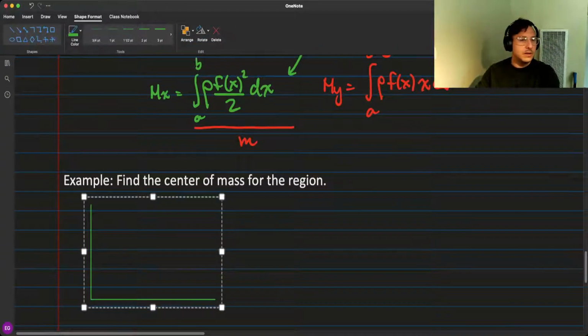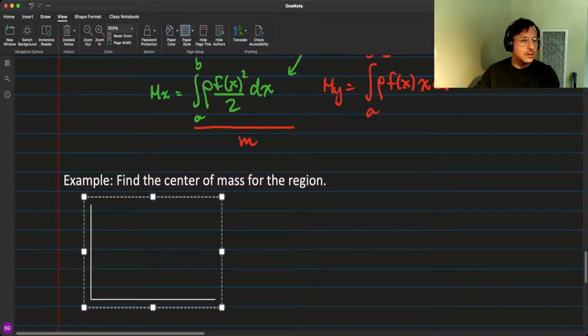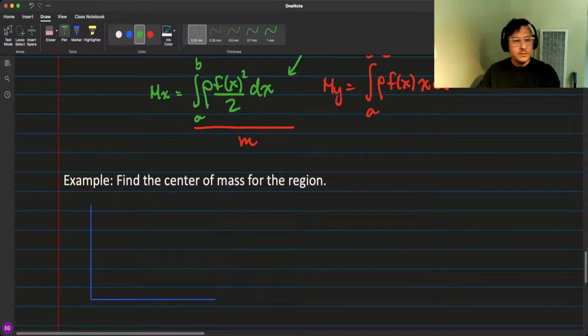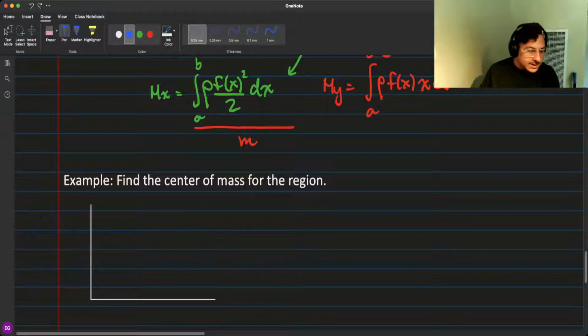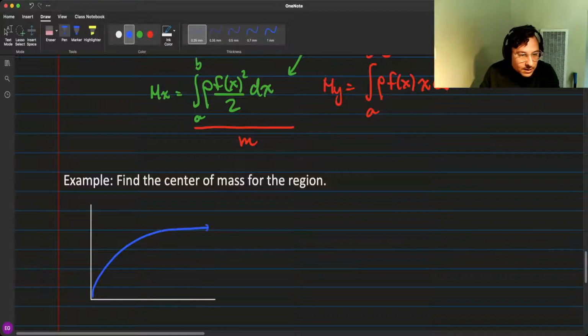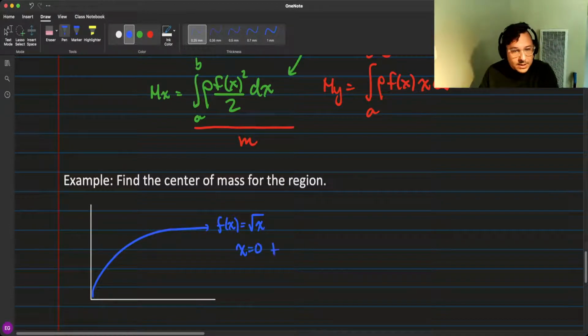Okay, so let's draw the region. Let's say the region you want is f of x equals square root x, and we're going to go from x equals 0 to x equals 4.